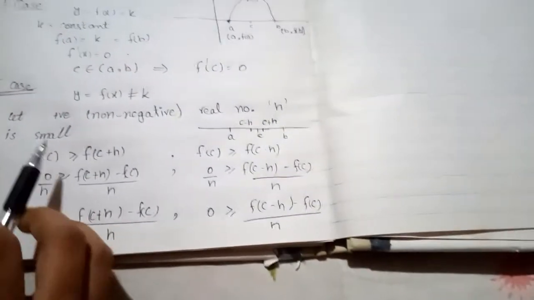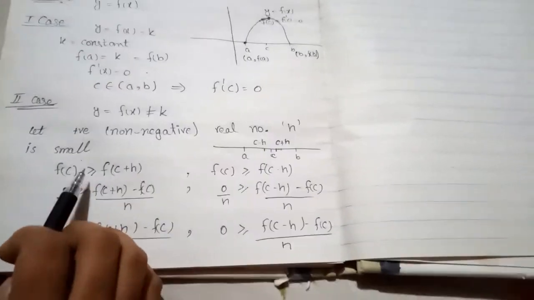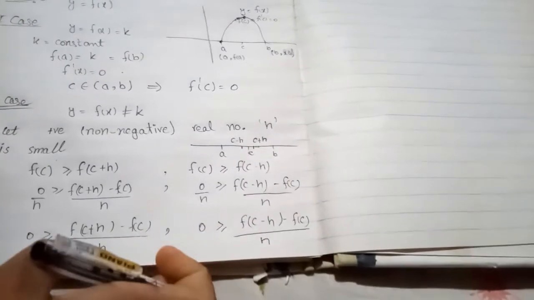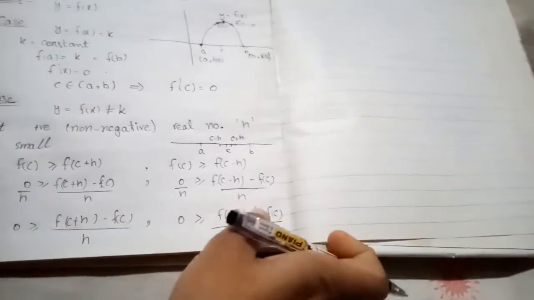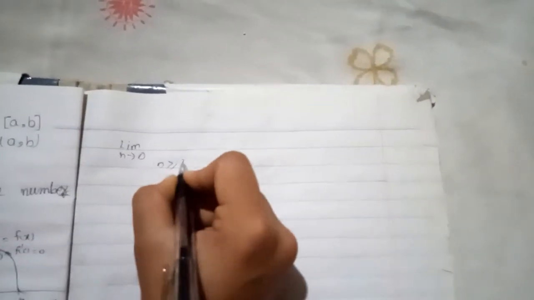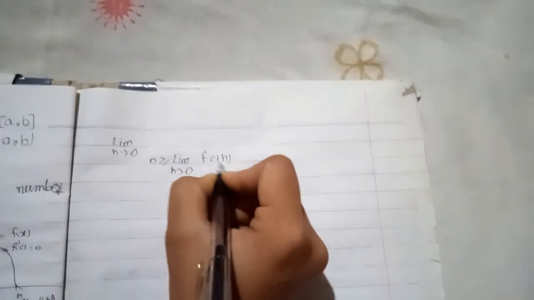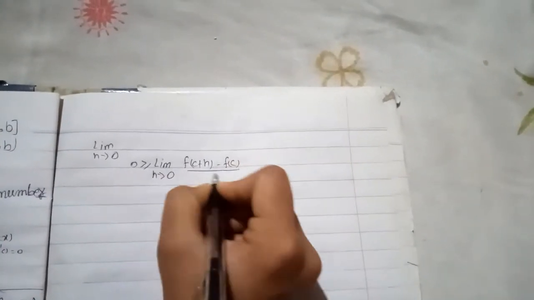And we said in the starting that we consider h to be very small. Let's suppose h approaches 0. It is a very small increment or change, a very small real number. Then we take the limit as h approaches 0, and using this limit in the inequalities, we write 0 greater than or equal to the limit as h approaches 0 of (f(c+h) minus f(c)) over h.